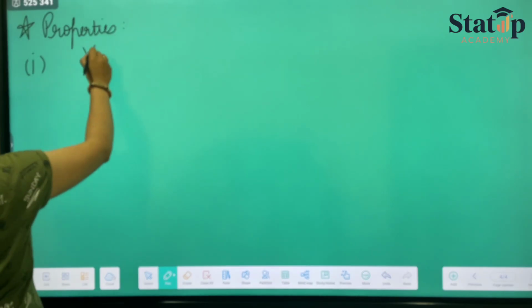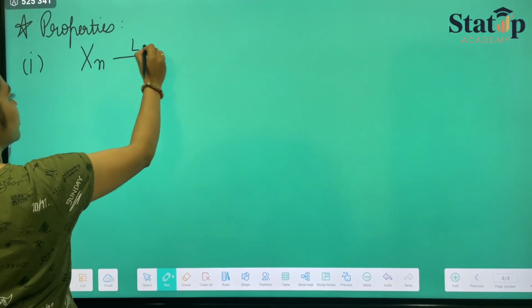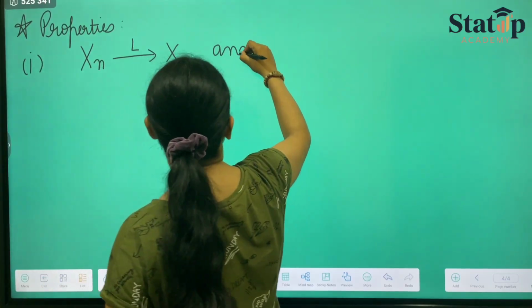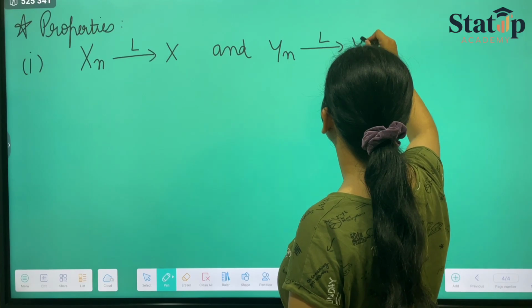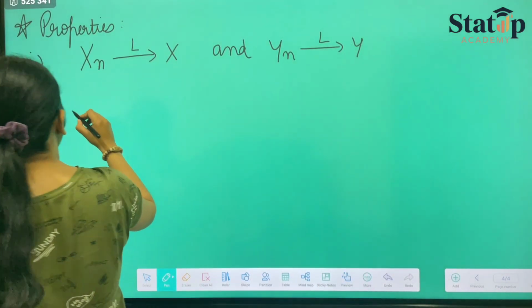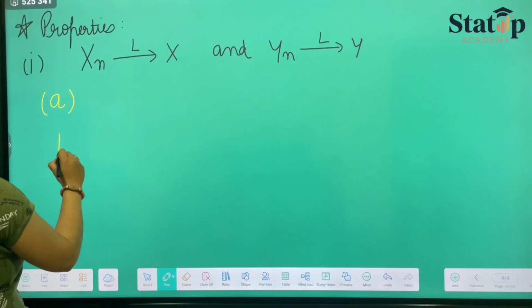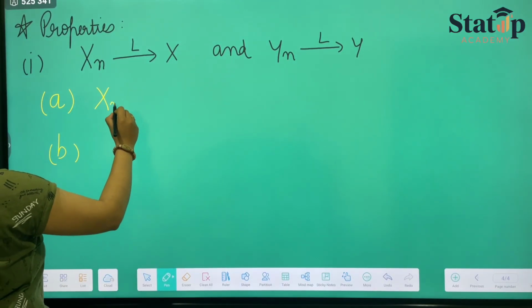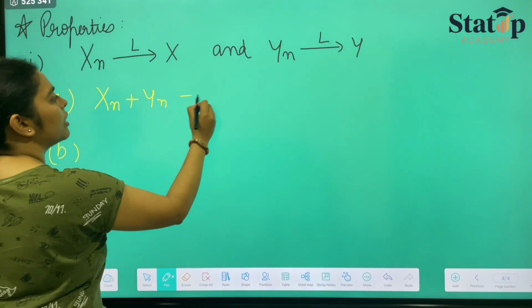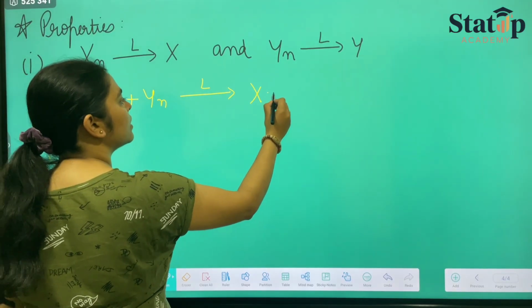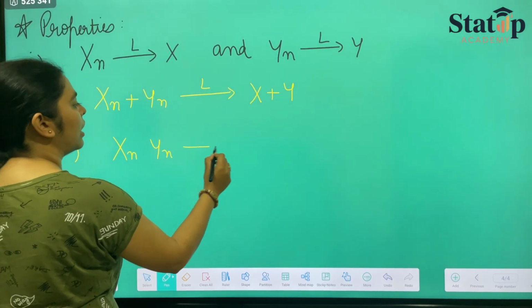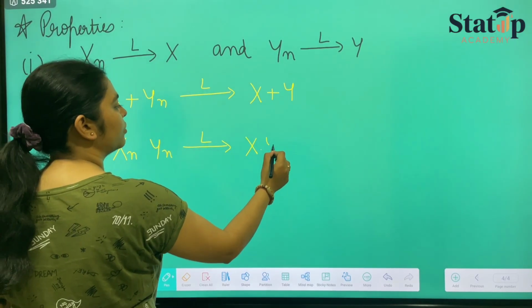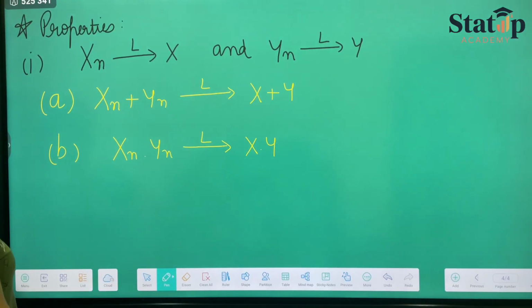First property is, if Xn in law converges to X and Yn in law converges to Y, then there are two small things actually, which are Xn plus Yn will converge in law to X plus Y, and Xn into Yn will converge in law to X into Y. This is our first property of convergence in law.